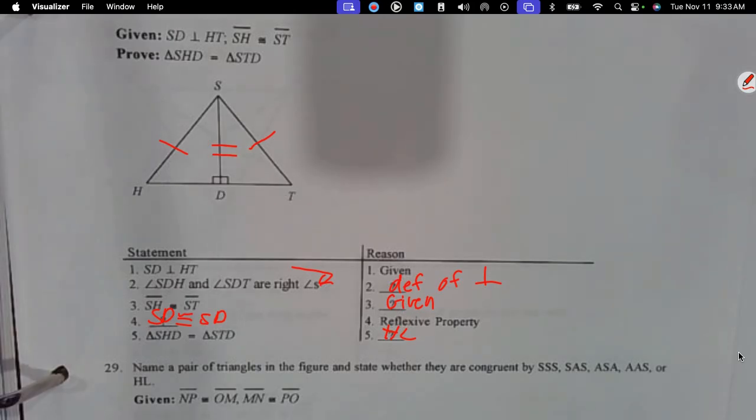Same exact proof, different letters. Okay? Two to go. I think everybody's got that.